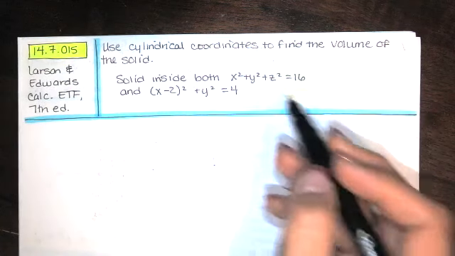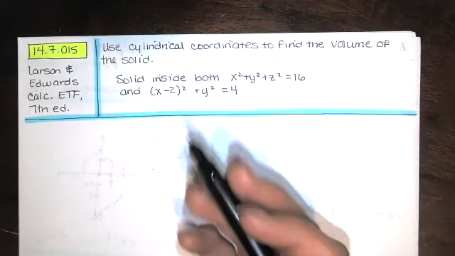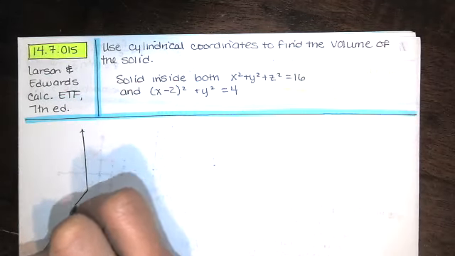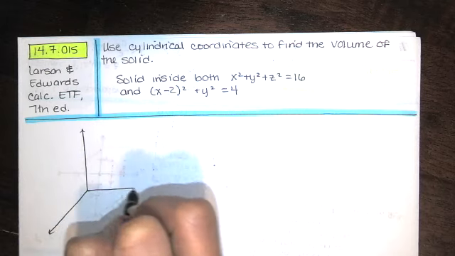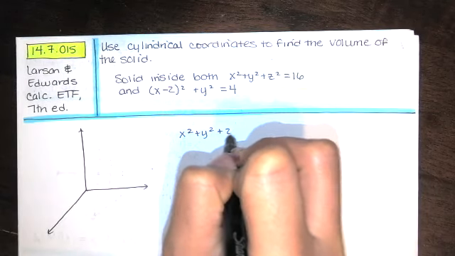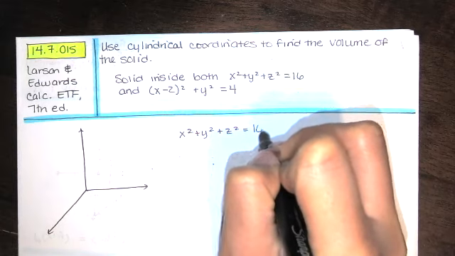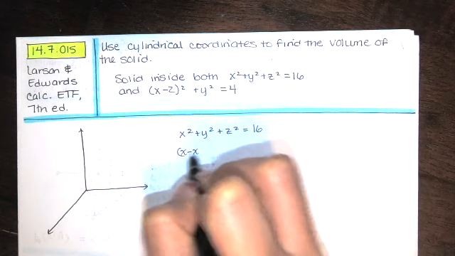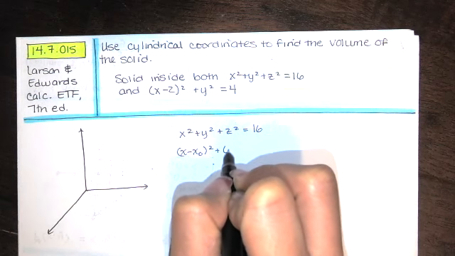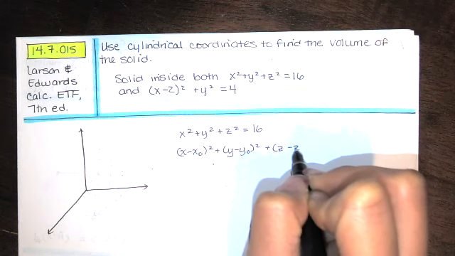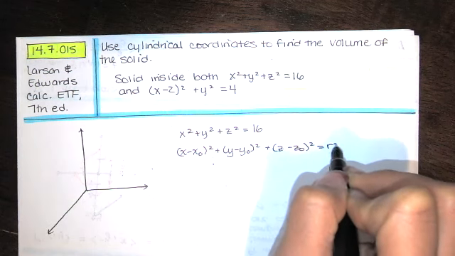So the first thing that I would do is sketch the solid as well as I can. The sphere is relatively easy. I've got x squared plus y squared plus z squared equals 16. Now I'm comparing that to the equation (x minus x naught) squared plus (y minus y naught) squared plus (z minus z naught) squared equals r squared.